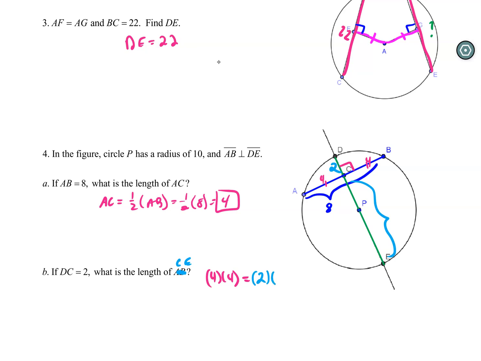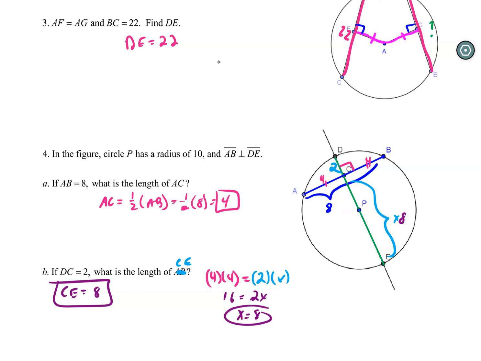If all of this I'm going to call X, then it's just simple: I've got 16 is equal to 2X. So X is 8. So all of this is 8. So CE equals 8. And you're done. If that's all it's asked for, then you're finished.